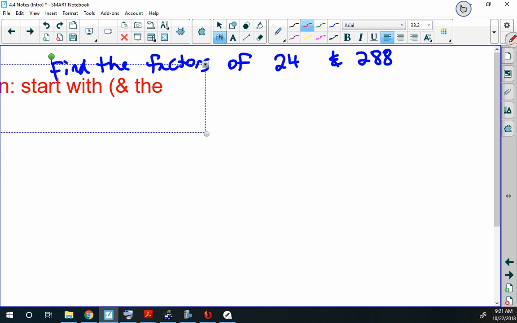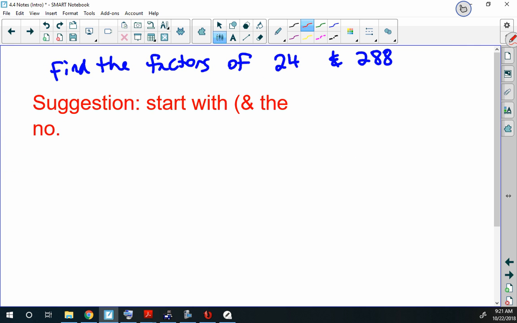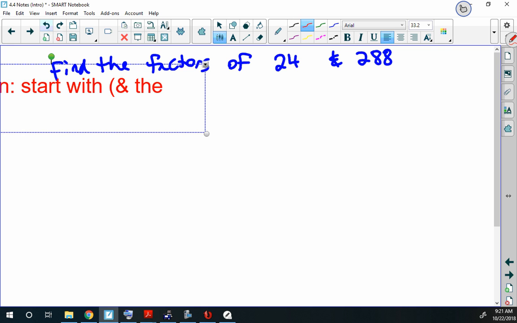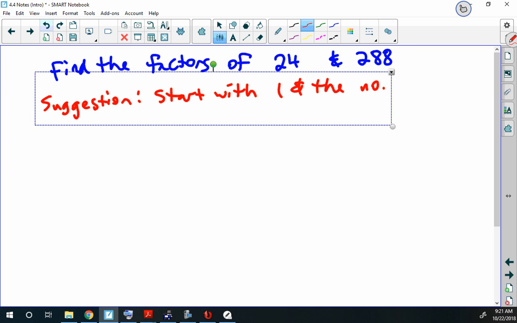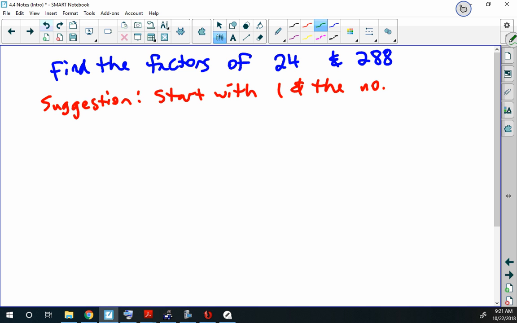Start with 1 and the number. So when we have 24, 24 is going to be 1 and 24. What else?